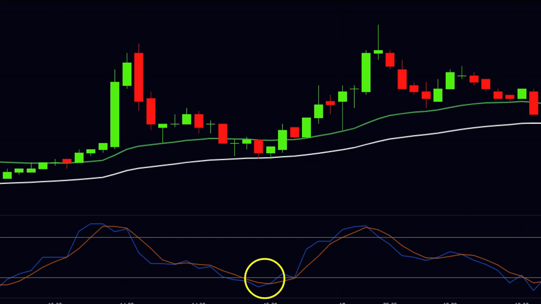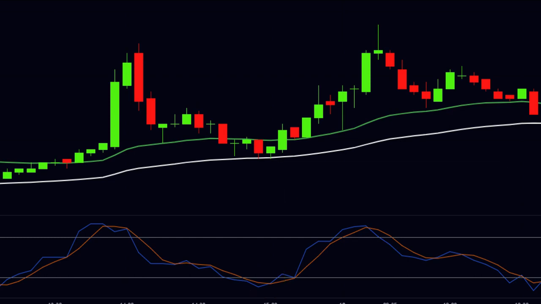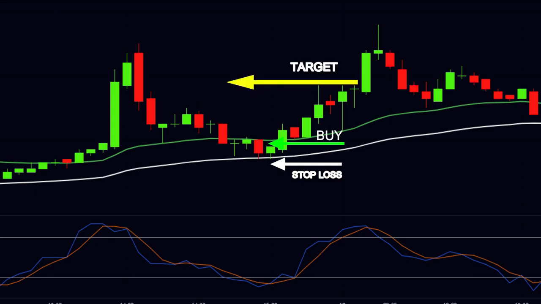As you can see here, the %K line crosses over the %D line from downside to upside, so this is our bullish crossover. Thus, all the conditions are satisfied here. So, we will buy at the high of this candle, our stop loss should be at the 60 EMA line, and our target should follow our 2:1 risk-reward ratio.